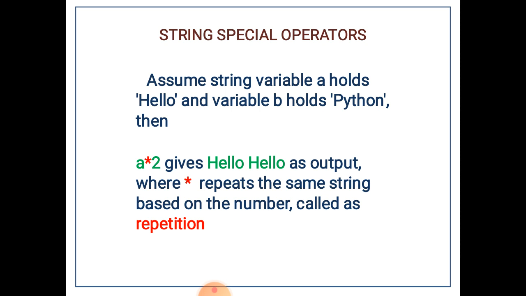Plus is called the concatenation operator, meant to combine two strings. Multiplication is called the repetition operator, which repeats the same string based on the number given on its right side.